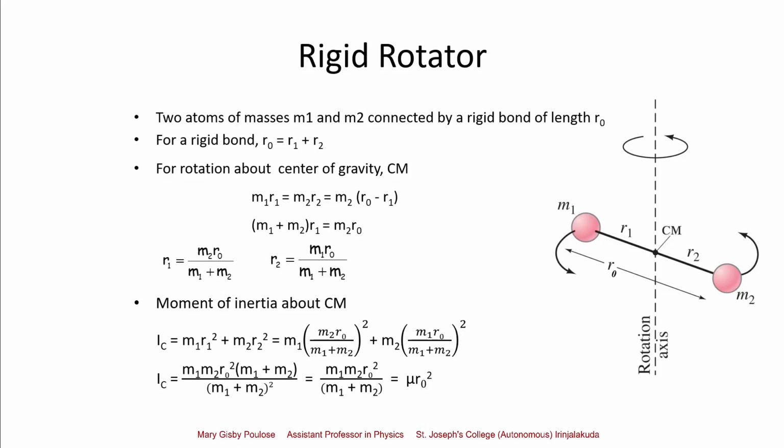Here, the masses can be reduced to another term, the reduced mass mu. Hence, the expression becomes IC is equal to mu r0 square. Here we understand that the two-body problem is now reduced to a one-body problem.